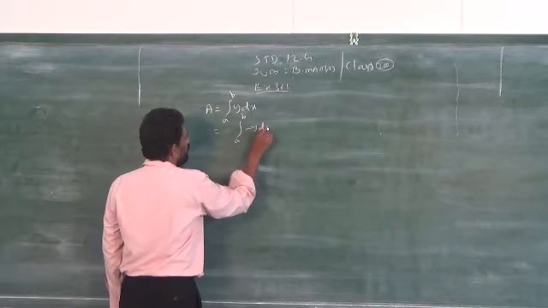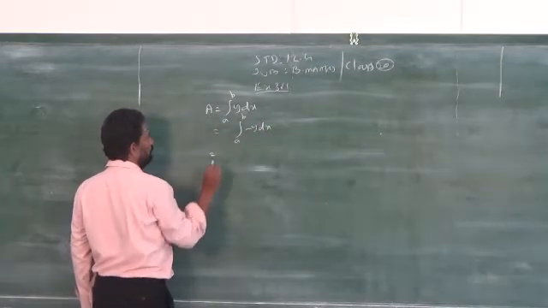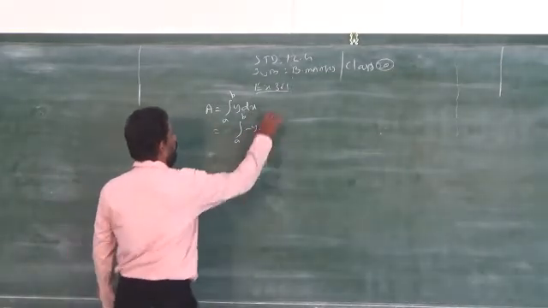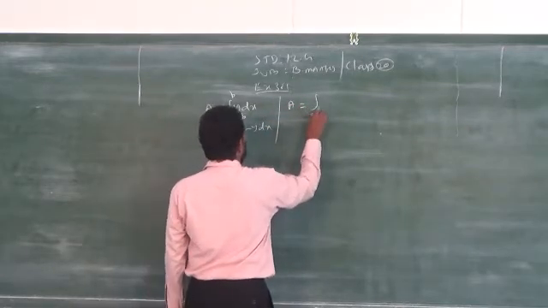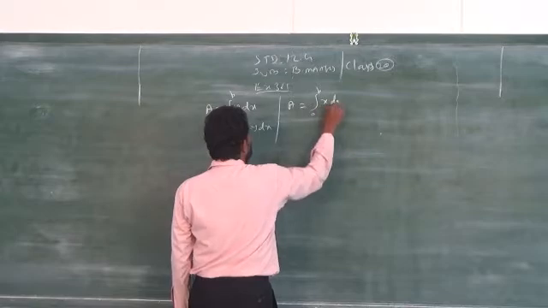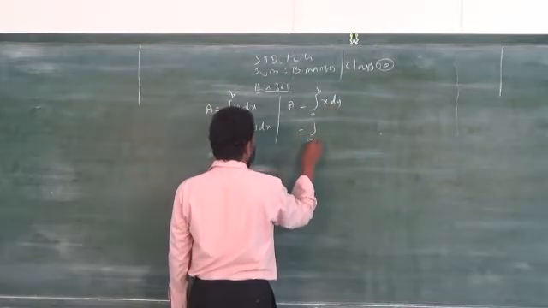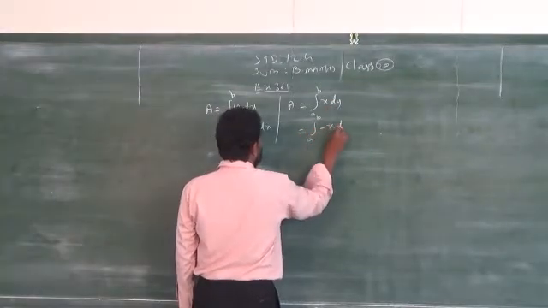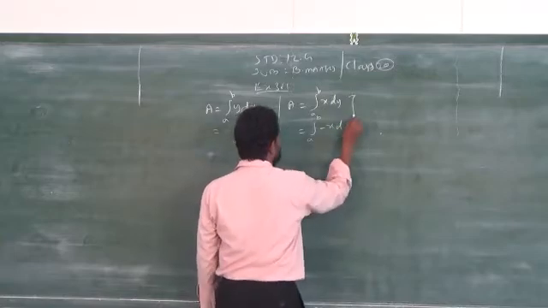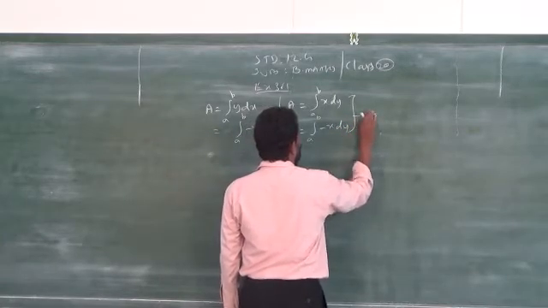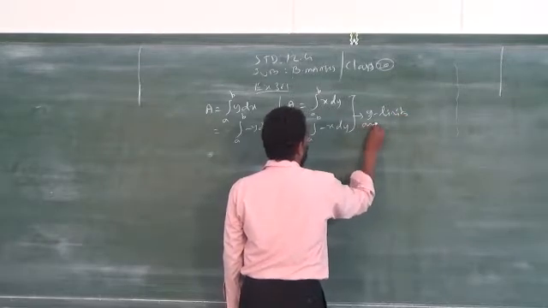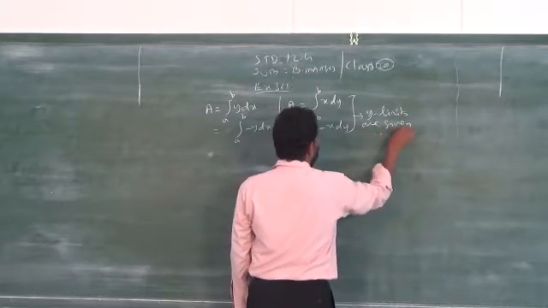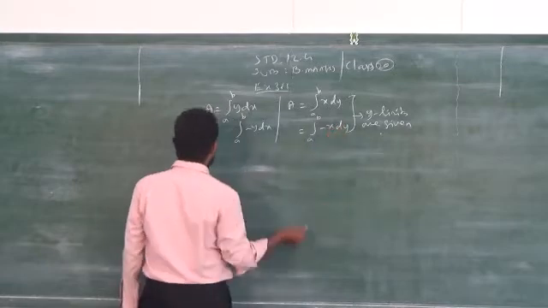minus y dx. And the third and fourth formulas: A is equal to the integral from a to b of x dy, and in the same way the integral from a to b of minus x dy. So this is for when y limits are given. When y limits are given, you have to take these two formulas.